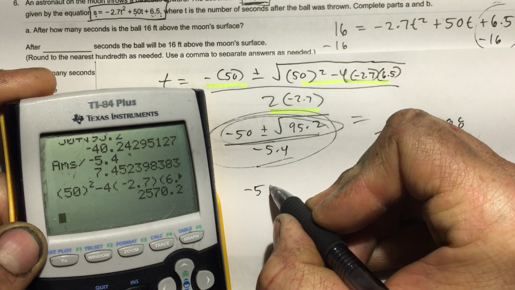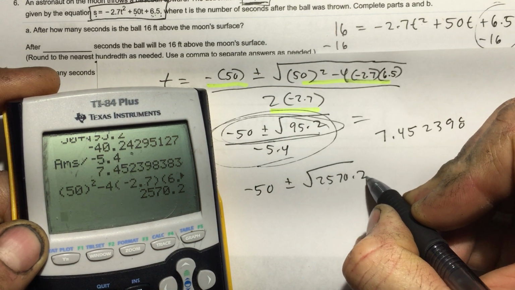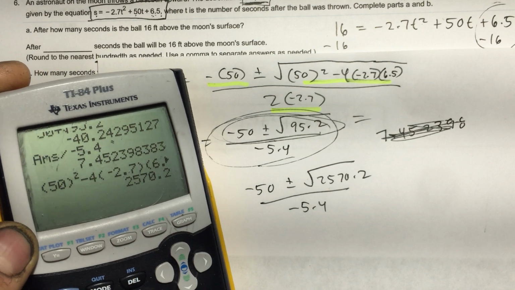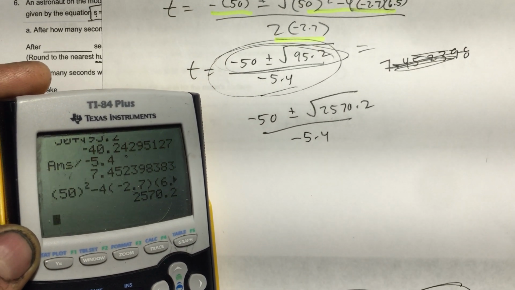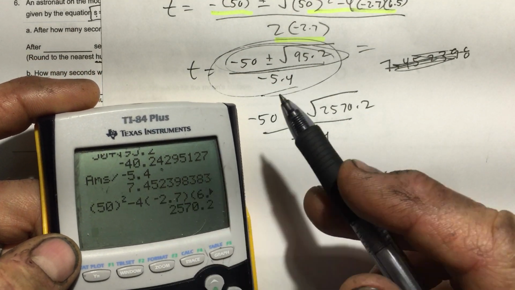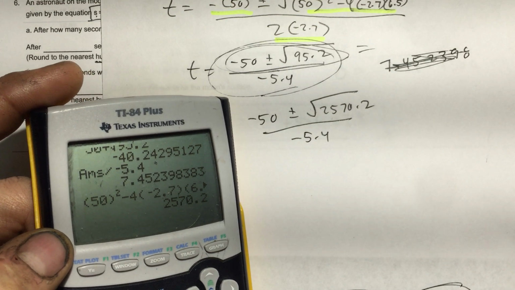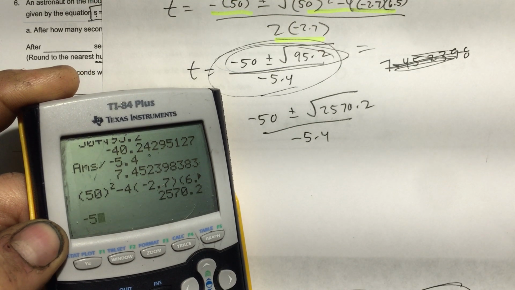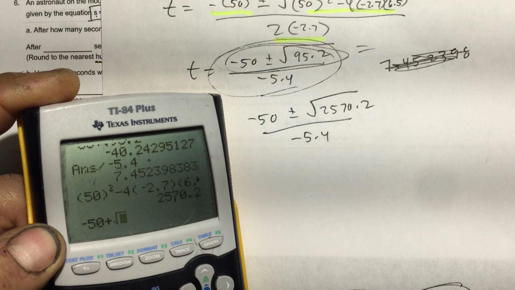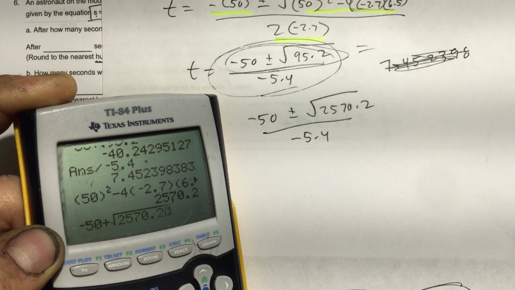So let's do this over. Negative 50 plus or minus the square root of 2570.2, all divided by negative 5.4. You got to be able to see your calculator. So I got negative 50 plus radical 2570.2 equals.